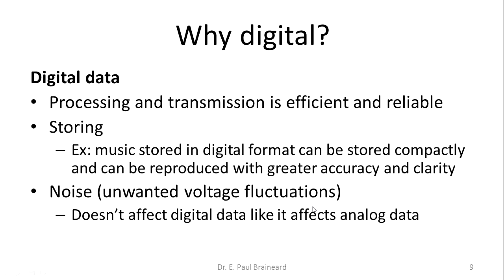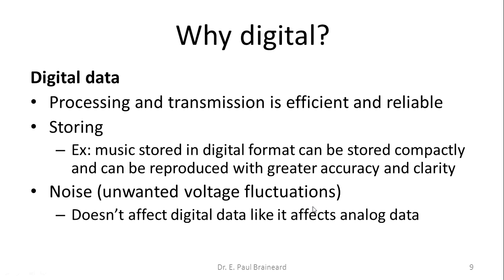Also, when I am speaking over phone, the analog signal is converted into digital format at the source location, transmitted in digital format, and again converted back into analog format at the destination point. Suppose if you transmit the data in analog format, the signal will get attenuated, that is, signal magnitude goes down, and also the problem of noise will be present.